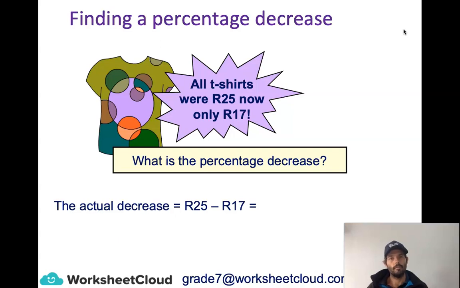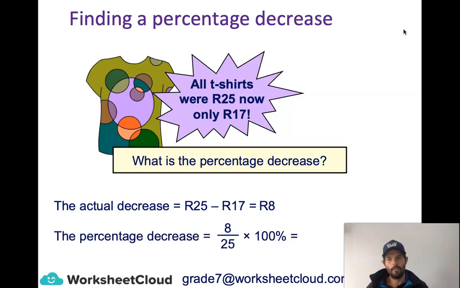So 25 minus 17, and we know that equals 8 Rand. Then the formula was the change, which is the 8 Rand, over the original amount, which is the 25 Rand, and then that multiplied by 100 over 1. And when you do that question, you'll come to an answer of 32%.